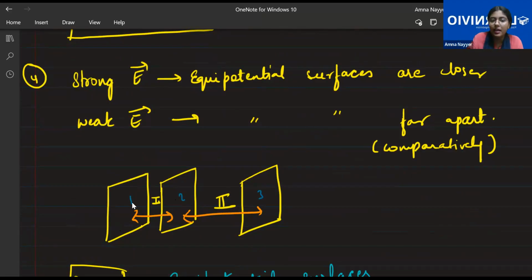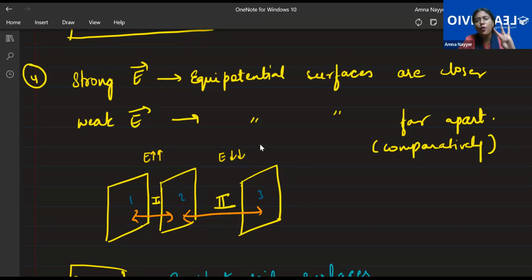Like in this region, 1 and 2 have a very small gap between them. So this shows that if the distance is very small, the value of electric field is very strong. And if there is a larger gap like this, we can say the electric field's value is less. By looking at the equipotential surface, you should be able to comment about the electric field also.